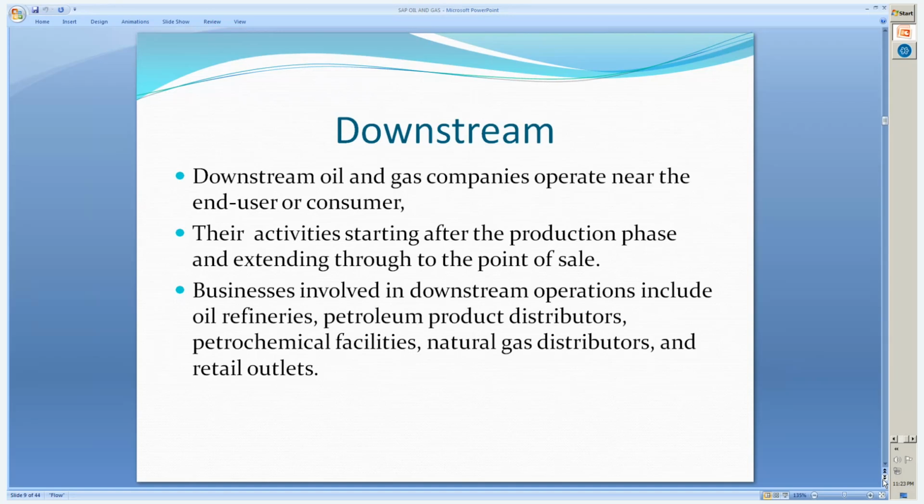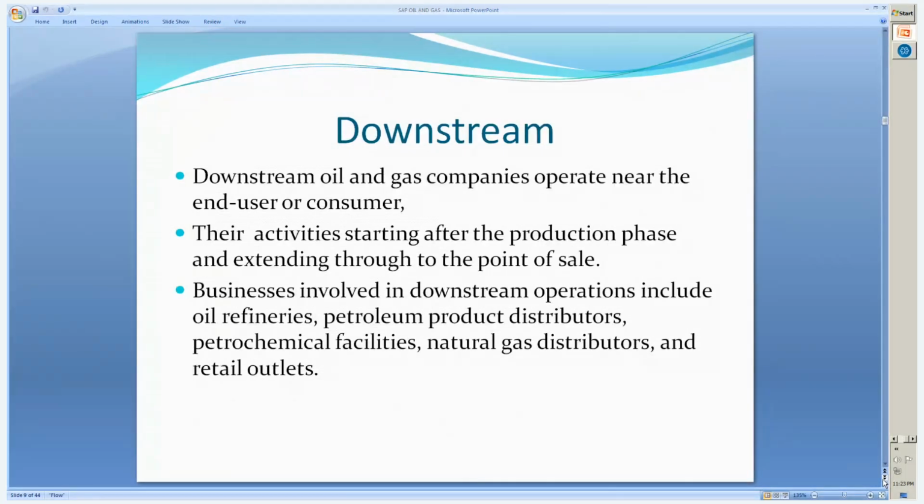Basically, businesses involved here include oil refineries and petroleum product distributors. A supply chain can be set up by the oil refineries, distributors, petrochemical facilities, and also natural gas distributors, and ultimately retail outlets.